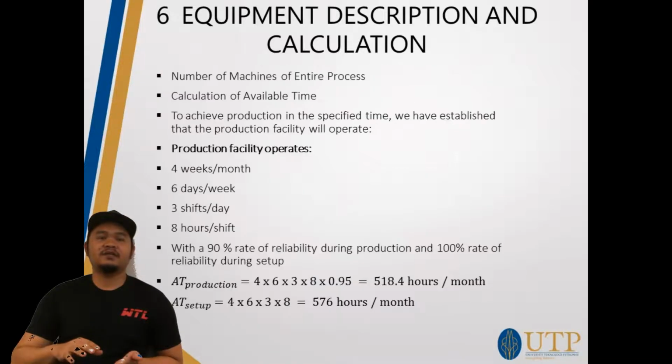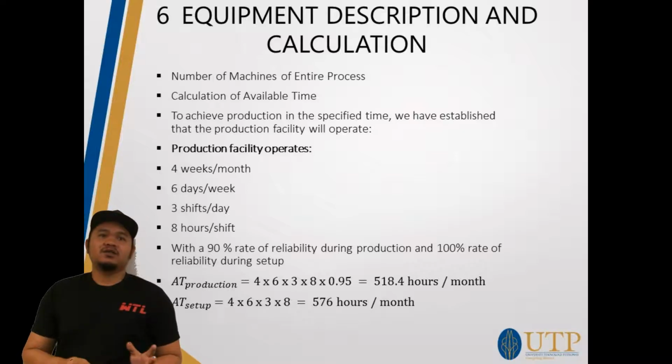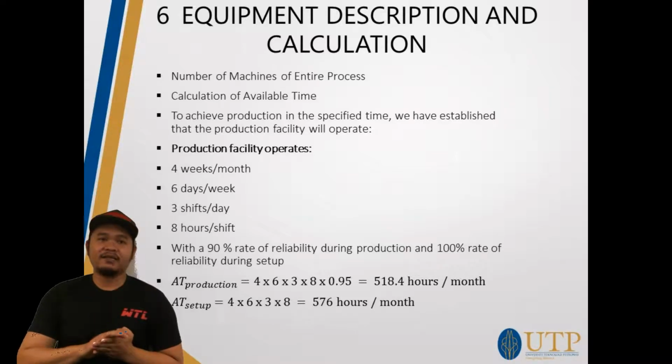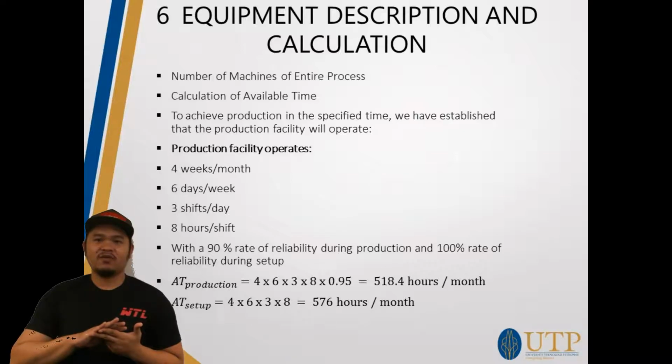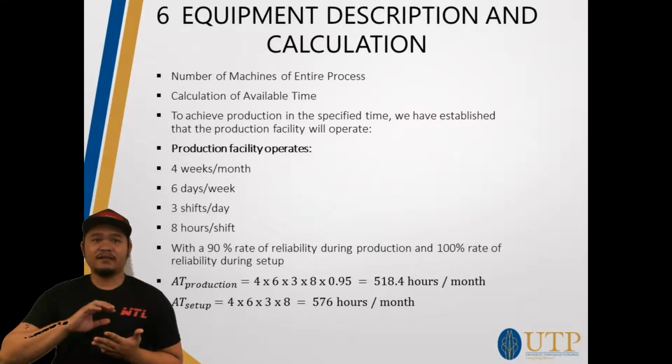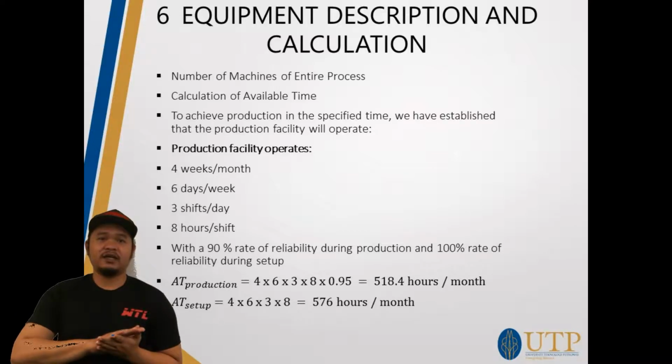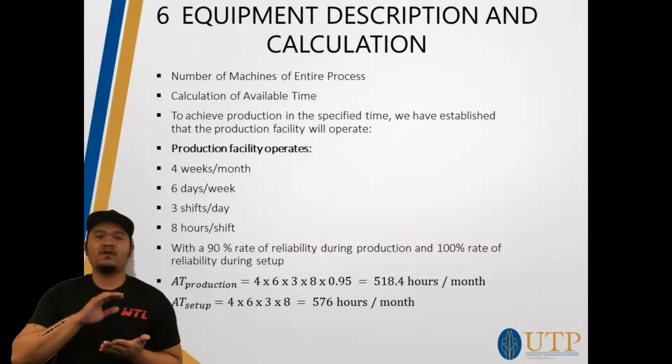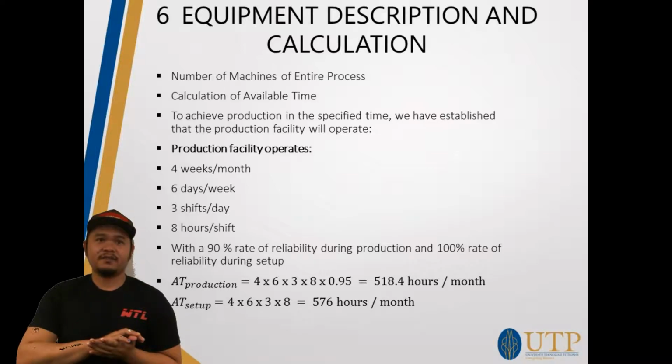Then moving on, we were talking about the calculation for the number of machines for the entire process. So in the present production, we choose 4 weeks per month, 6 days per week, and 3 shifts per day for 8 hours a shift. Then we calculate that all with the reliability for production at 90% and reliability for setup time at 100%.